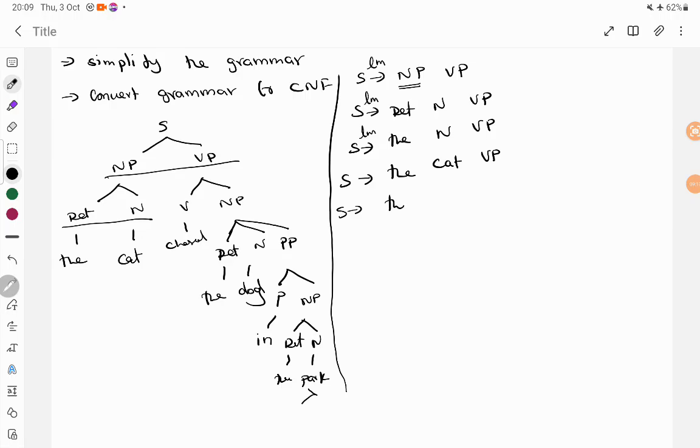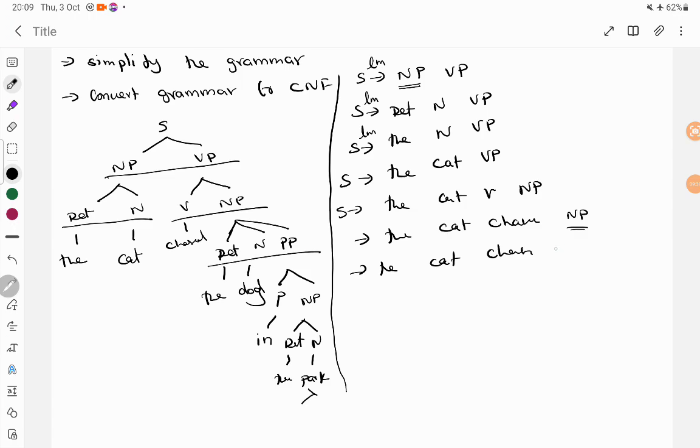So S tends to the cat, and we have replaced VP with V and NP. Again, the cat, and instead of V we use chased, then NP. The cat chased. Instead of NP, we replace it with DET N PP.